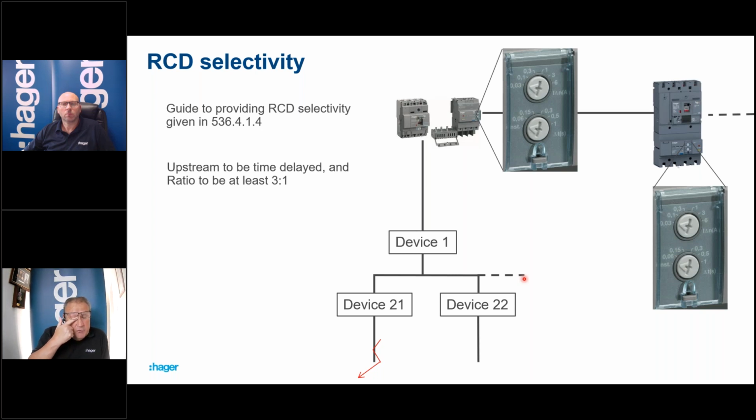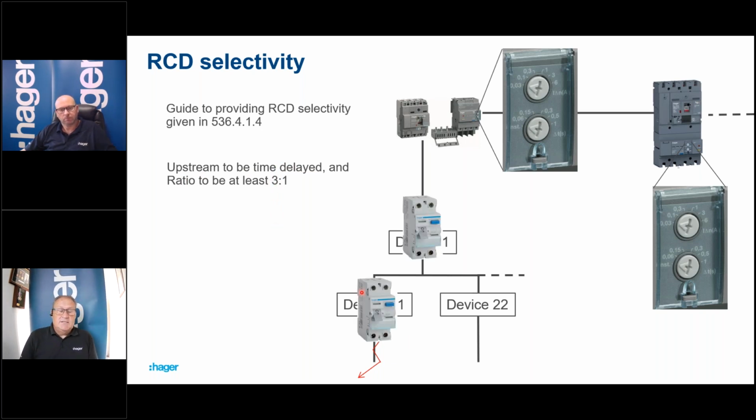So the golden rule for providing selectivity of RCDs is to provide time delay. I'm going to come on to time delay in a minute, but also a ratio of at least 3:1 for the milliamp rating. So when I put these devices in here, let's say this is a required RCD at the bottom here for additional protection.